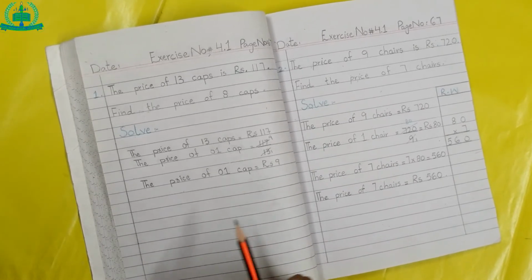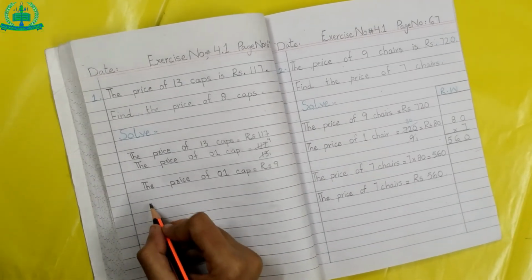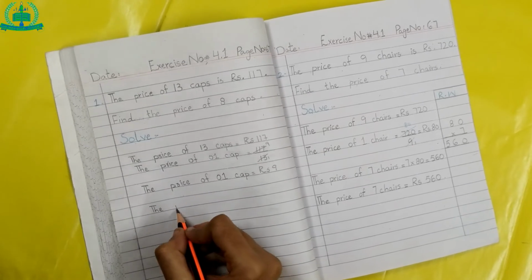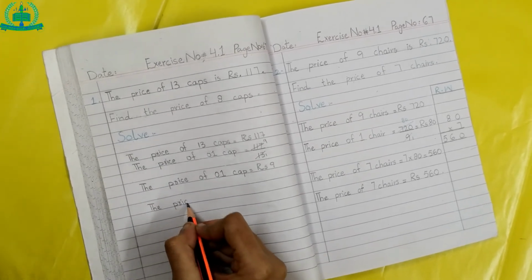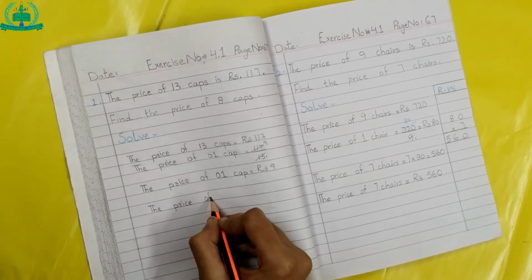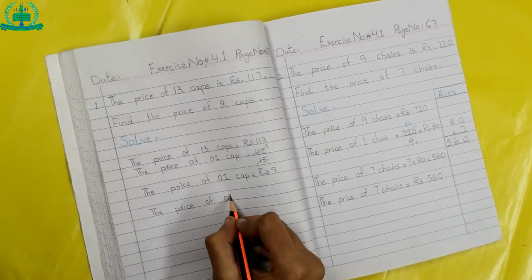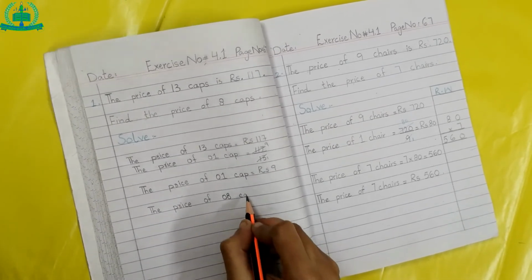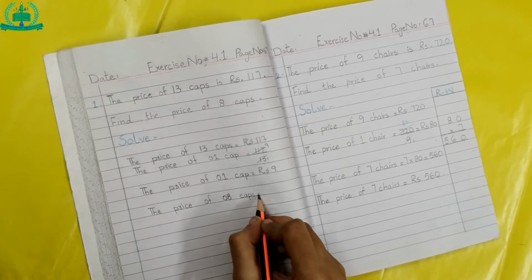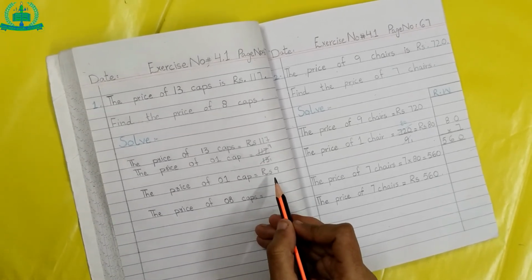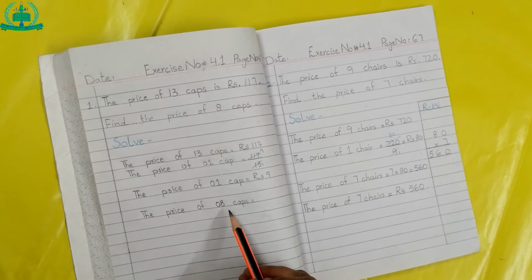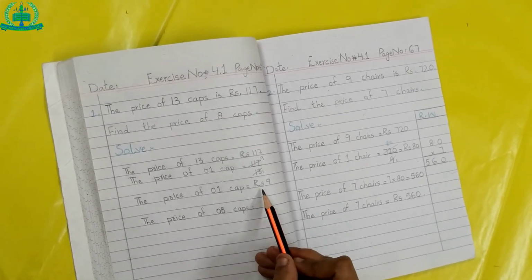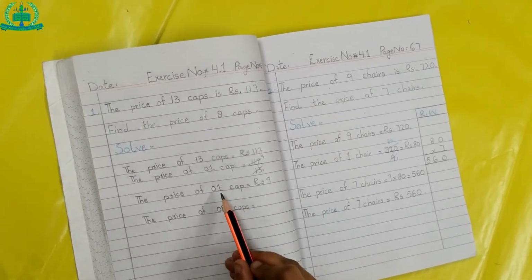To find price of 8 caps, the price of 8 caps is equal to, we need to multiply price of 1 cap by the number of caps.